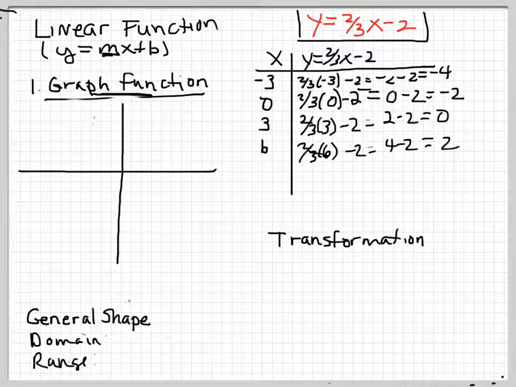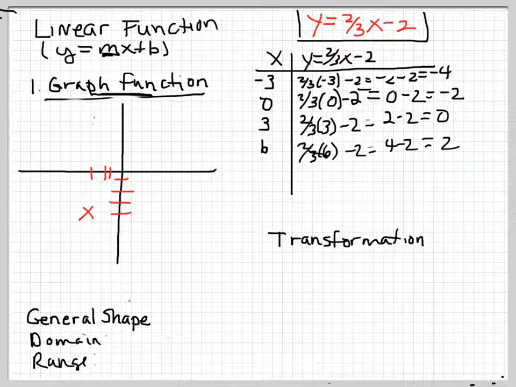I'm now going to graph each one of these. So I'm going to graph -3, -4, then I'm going to graph 0, -2, then I'm going to graph 3, 0, and then I'm going to graph 6, 2.